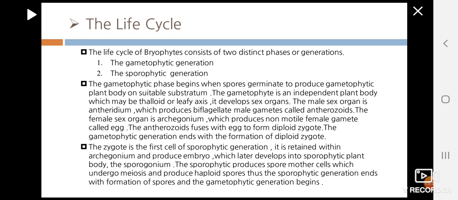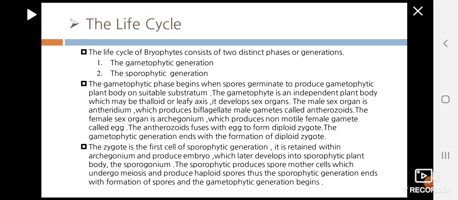It develops sex organs, antheridia and archegonia. Antheridia produce biflagellate male gametes called antherozoids, which are motile, and the female sex organs, archegonia, produce the female gamete called the egg. After fertilization of antherozoids and the egg, the zygote is produced, and the zygote is diploid.